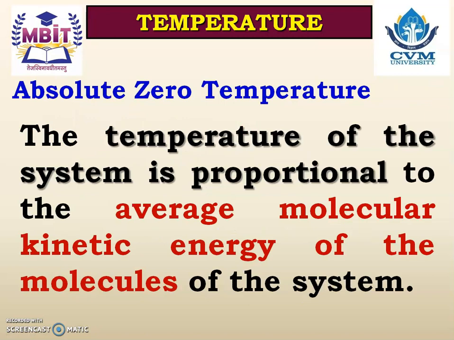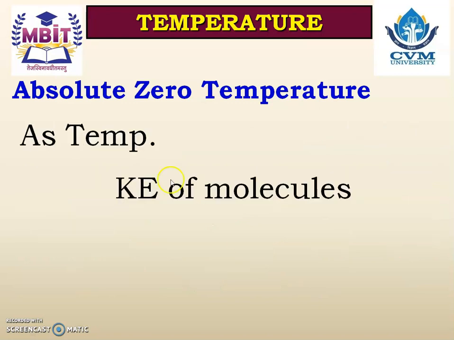Absolute zero temperature. The temperature of the system is proportional to the average molecular kinetic energy of the molecules of the system. In simple language, the temperature affects the velocity of the molecules of the body. So what is the relationship between the temperature and kinetic energy of molecules?